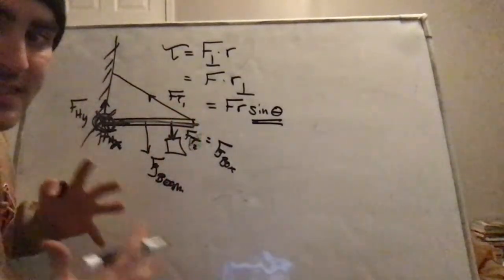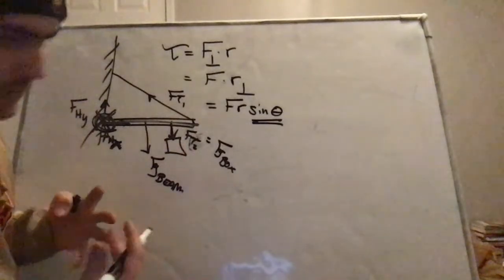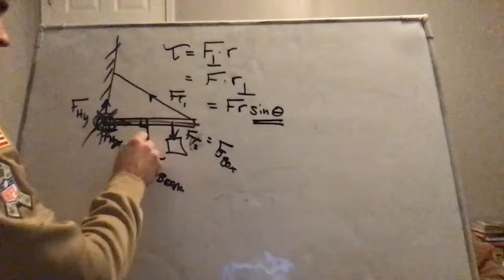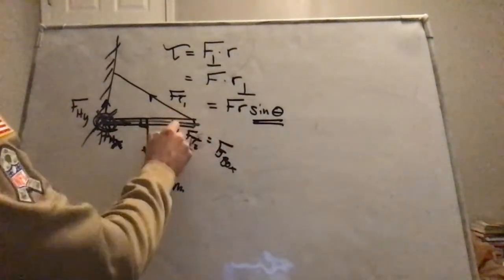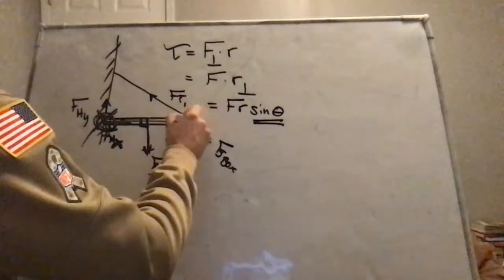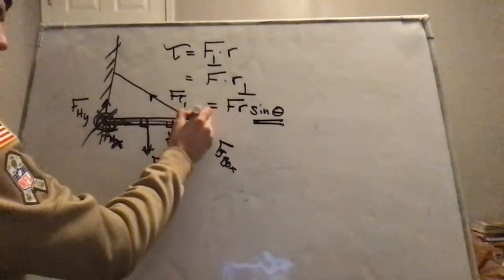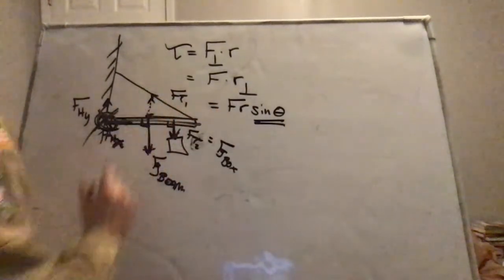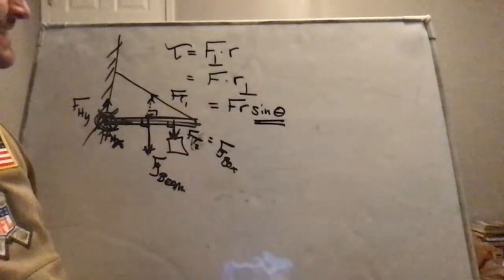I need forces that are somewhat perpendicular. I would say FG beam, totally perpendicular, which means the entire force will cause rotation. F tension 2, perpendicular. That whole force will cause rotation. The tension force here, FT1, part of it is pulling the beam in this way. Part of it is acting perpendicularly this way, helping support the beam itself.